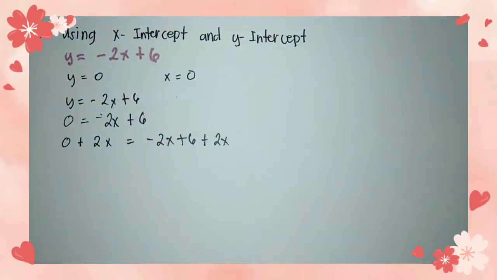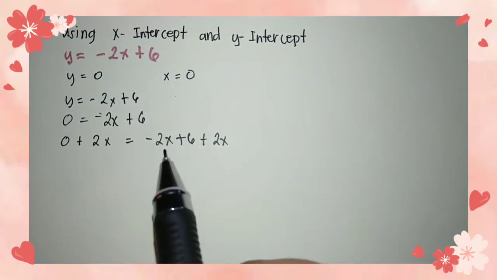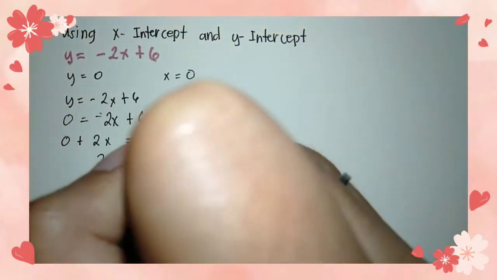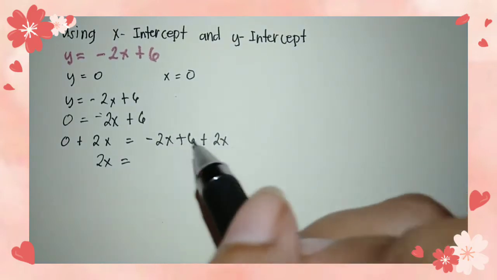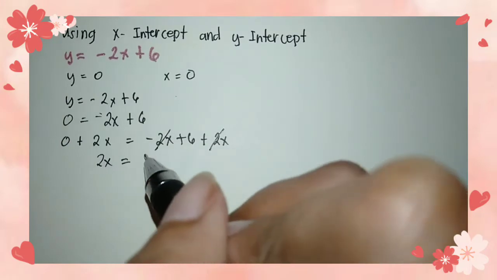Addition property of equality. Since negative 2x siya doon, ang i-add natin sa dalawa is 2x, okay? Since 2x na lang yung matitira dito, and then, cancel si negative 2x and positive 2x dahil magkaiba na sila ng sign, cancel na lang, and then natira na lang si 6.